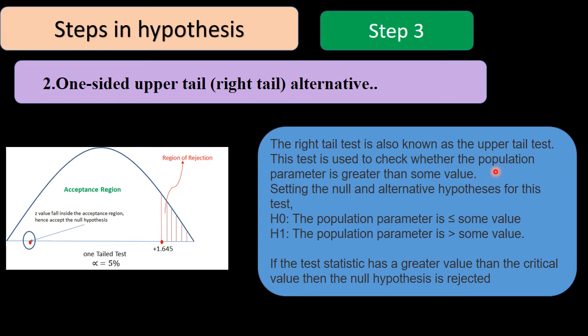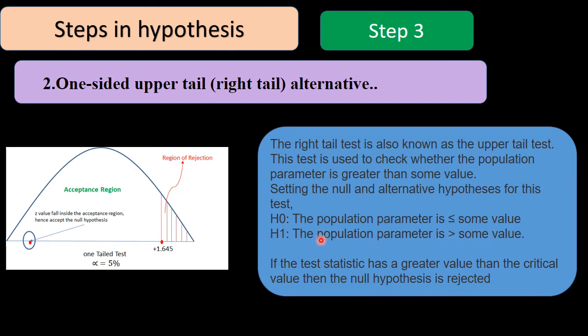Earlier, in the lower tail one, we checked whether the population parameter is less than some value. Here we need to check whether the population parameter is greater than the given value. Then we'll set the null and alternative hypotheses. We'll set the alternative hypothesis first: the population parameter, that means the population mean, is higher than the given value.